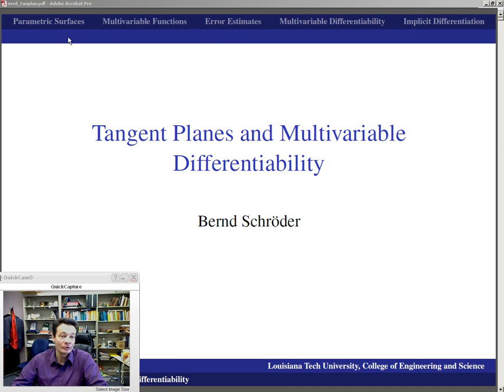And all of those parts of this presentation will be under the assumption that everything works well, and then we'll come to the part that in previous presentations we have called pathology, where we're going to look at examples where things don't quite work so well anymore, but this time around we will resolve the pathology with the abstract definition of multivariable differentiability, because now we're really ready to see that thing fully in 3 dimensions and also symbolically. And we will close out with a little bit on implicit differentiation.